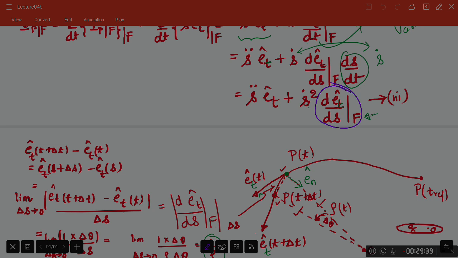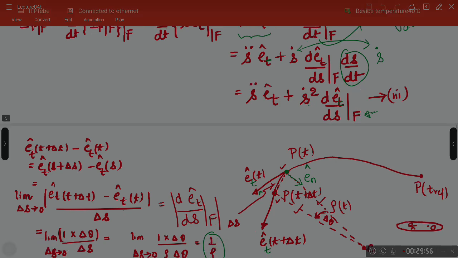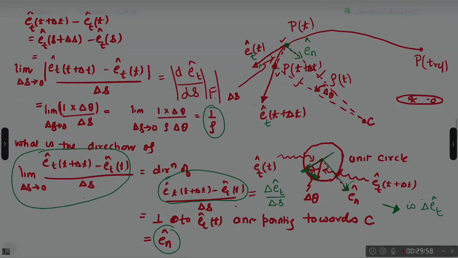Yes, after all, this whole thing is a vector, right? So if I know the magnitude and if I know the direction, I know what that vector is all about. So currently I am focusing only on the magnitude of this vector.